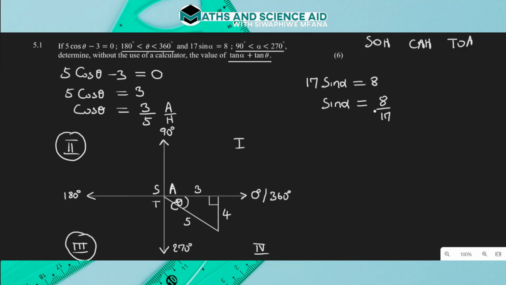So it's positive, meaning that between these two quadrants, we're going to choose the quadrant where the sine ratio is positive. Therefore, that will be the second quadrant. Okay? And so that is exactly where we are going to draw a right-angled triangle to represent this ratio.